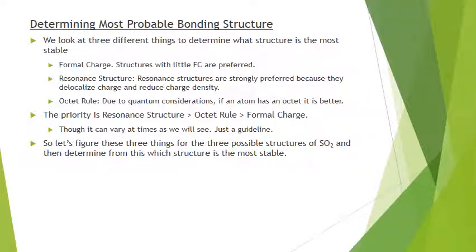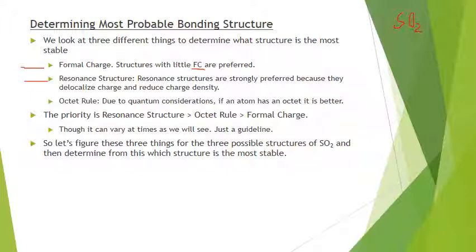Okay, determine the most probable structure. We're going to be looking at sulfur dioxide to figure out which of those three structures is the most probable one for sulfur dioxide. There are three things to look at. We're going to look at the formal charge, and structures with little differences in their formal charge are preferred.